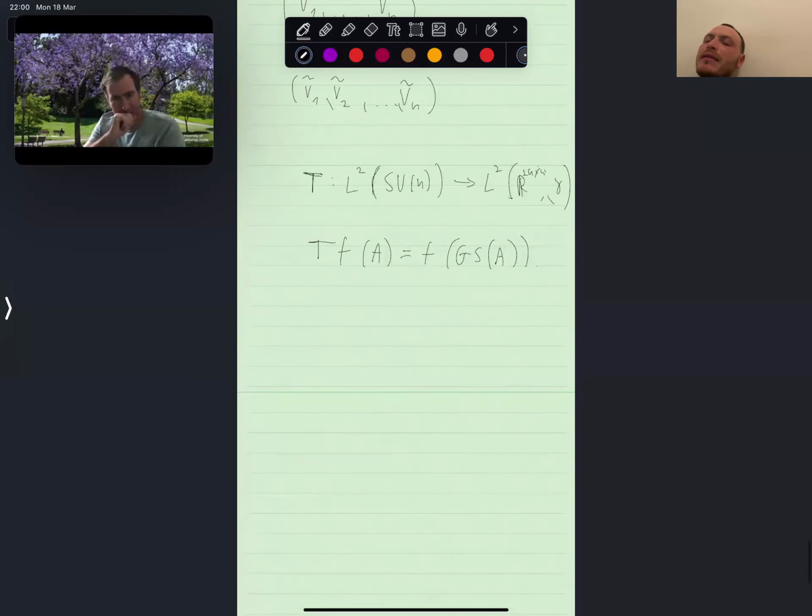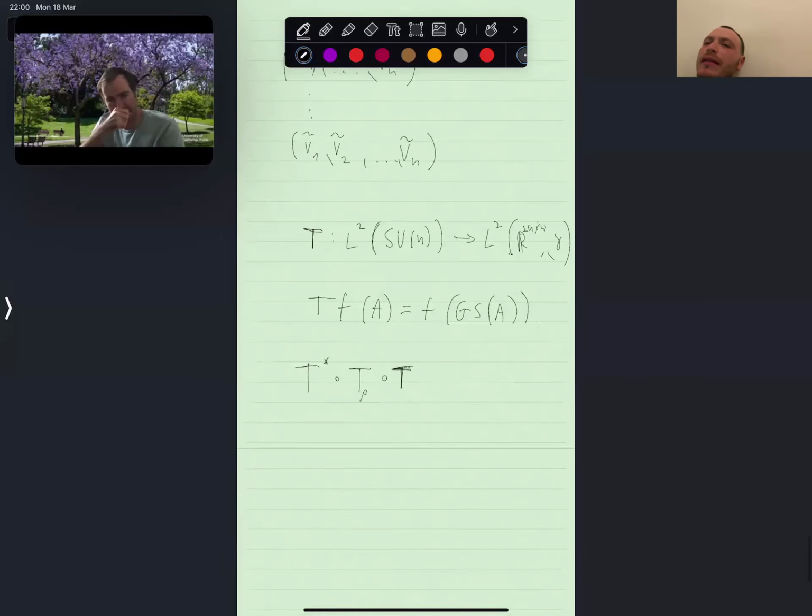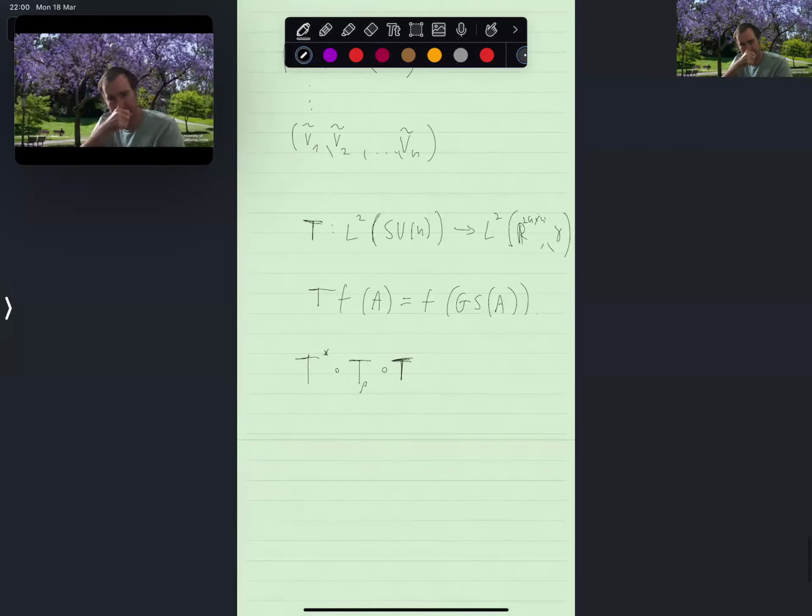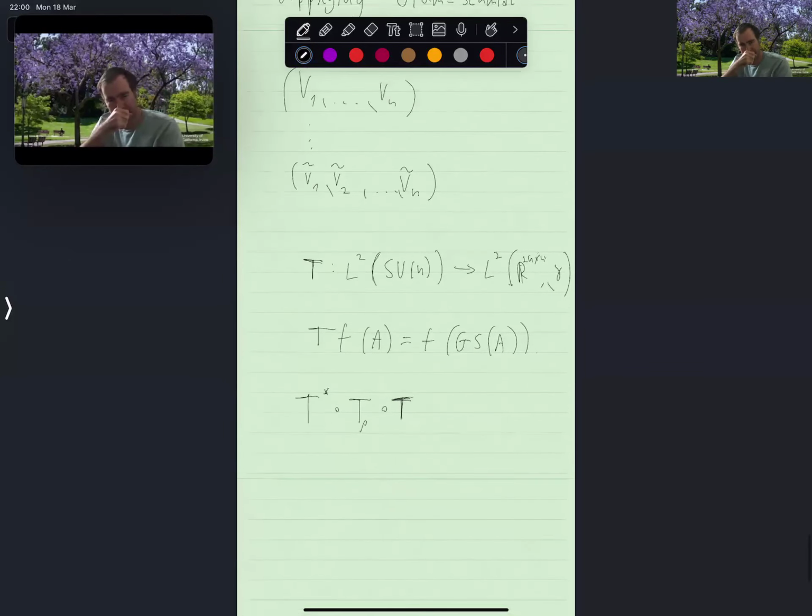And then what you can do is look at T composed with the noise operator, composed with the adjoint operator T star. That's almost what you do. The crucial property of this coupling is that it's measure preserving. When you apply Gram-Schmidt, it's invariant under multiplication from the left.